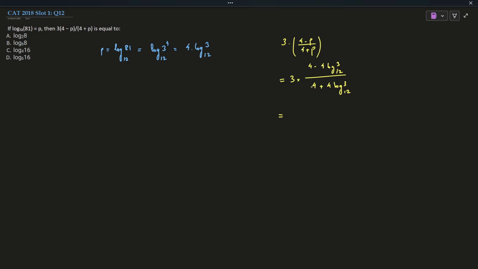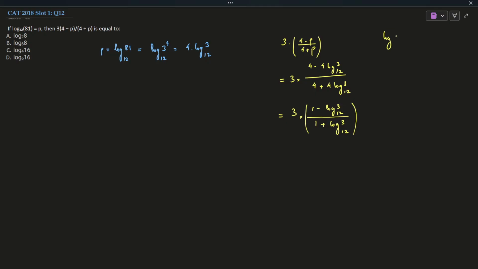Now if I take 4 common, I will have 3 times (1 minus log 3 base 12) by (1 plus log 3 base 12). I have taken 4 out common from numerator and denominator and then cancelled it.